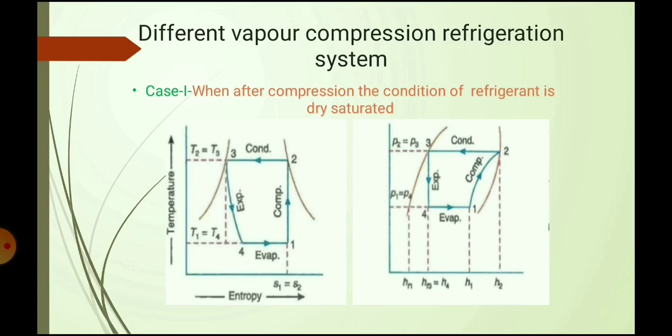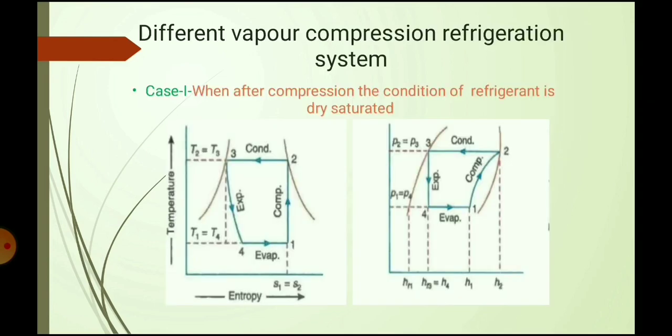Therefore this is the TS diagram and this is the pH diagram. This is the pressure and this will be the enthalpy. Point 2 after the compression, the state of refrigerant at point 2 is dry saturated, that means saturated vapor. That means point 2 should be on the saturated vapor line. Similarly, if you see in the TS diagram, point 2 should be on the saturated vapor line.